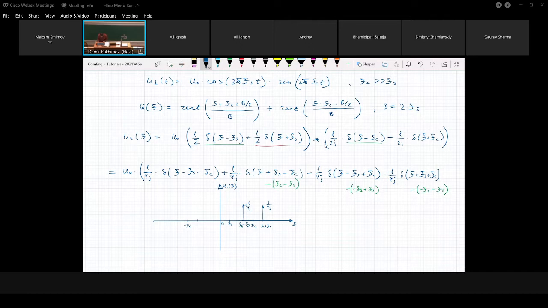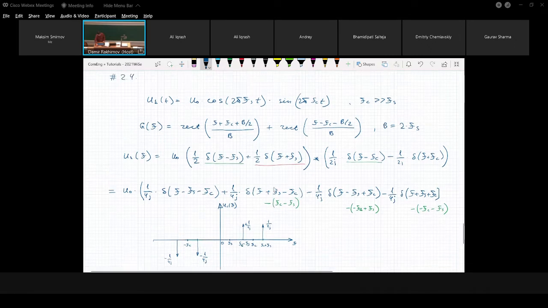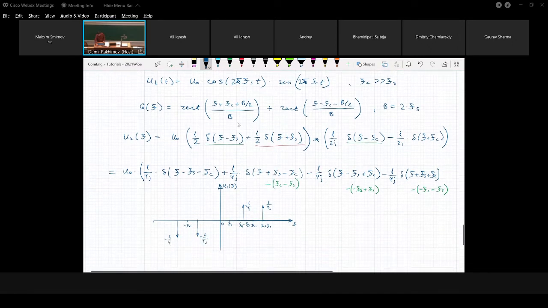Minus fc plus fs will be here, they go down. And minus fc minus fs will be here, and we have magnitude minus 1/4j for both. Okay, fine. Now let's try to understand how we should denote the transfer function for our passband filter.